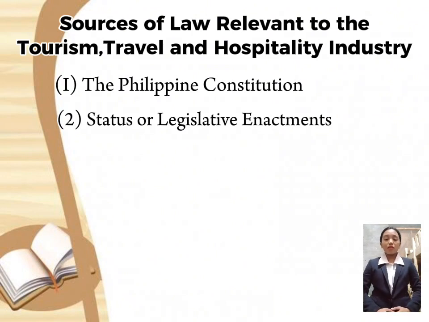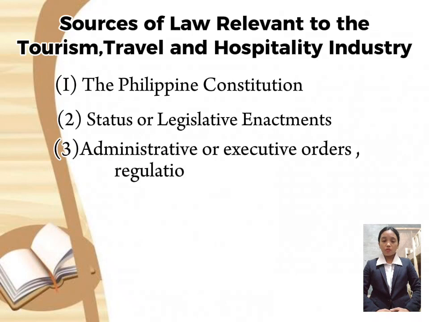Next, we have the administrative or executive orders, regulations, and rulings. In summary, administrative or executive orders, regulations, and rulings are tools used by the executive branch to implement and administer law, while executive orders are broad directives from the highest executive authority.